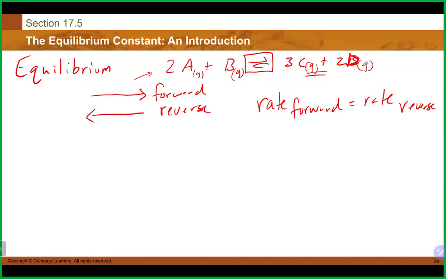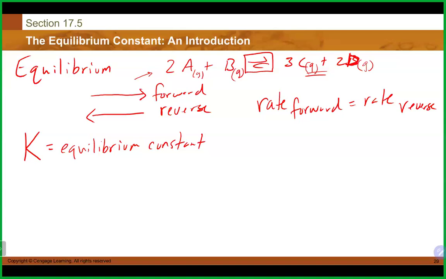And there is a relationship that we could write for a reaction like this, which is known as the capital K there, which is the equilibrium constant. And the equilibrium constant is a constant value at a particular temperature. So temperature is really the only thing that can change the actual value of the equilibrium constant, but it will be the same value as long as you keep the temperature the same.